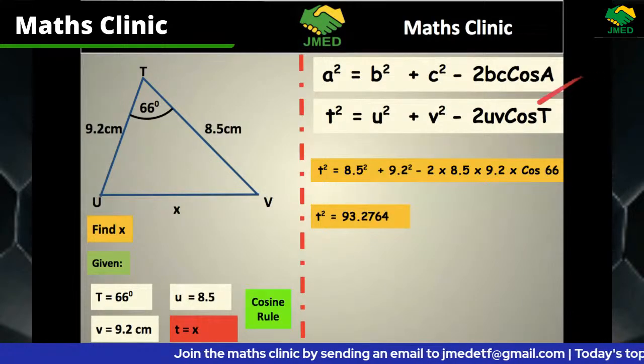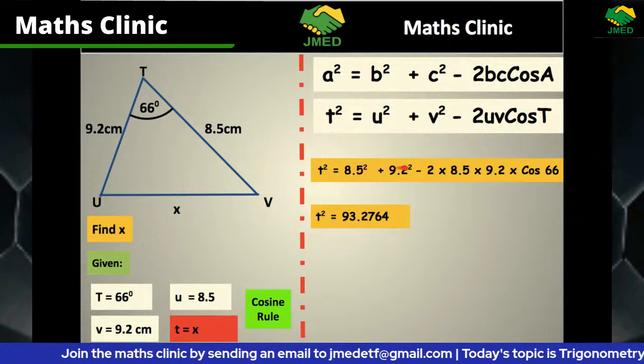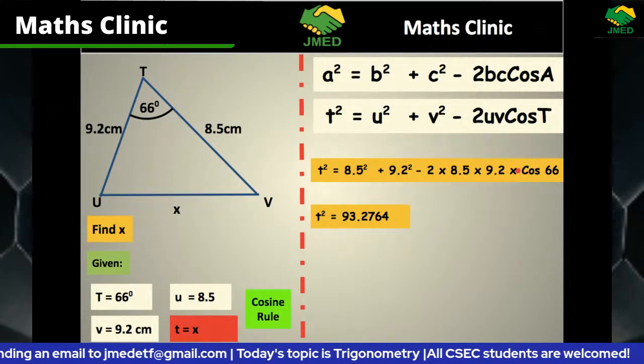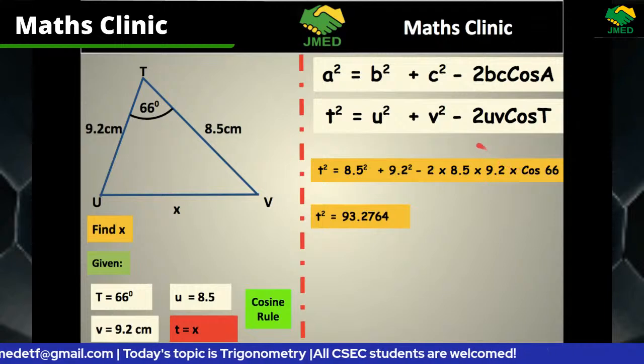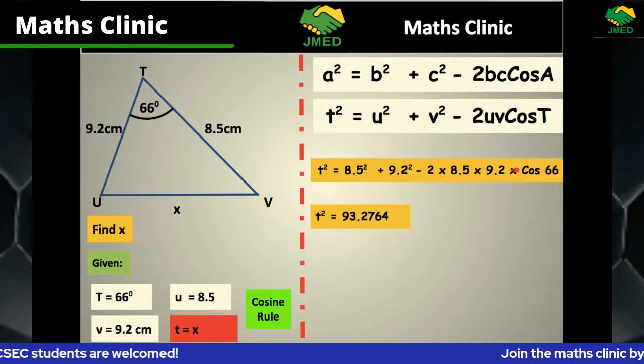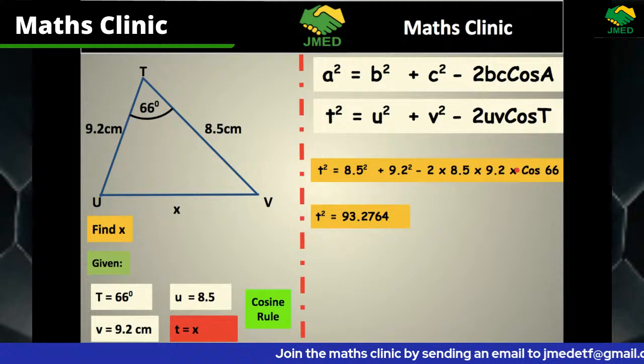So you don't need to be doing 8.5 squared, then 9.2 squared, then no. That's only increasing the chance you may make an error. Once you have chosen the correct rule and made this substitution, you have gotten most of the marks already. And now you're just going to move towards finding the value of t.